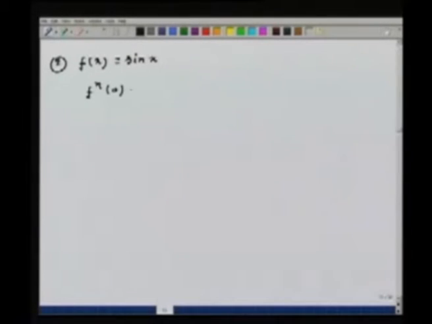Well, a calculation yields that fn at 0 is equal to minus 1 to the power k if n is of the form 2k plus 1, and it is equal to 0 if n is equal to 2k.